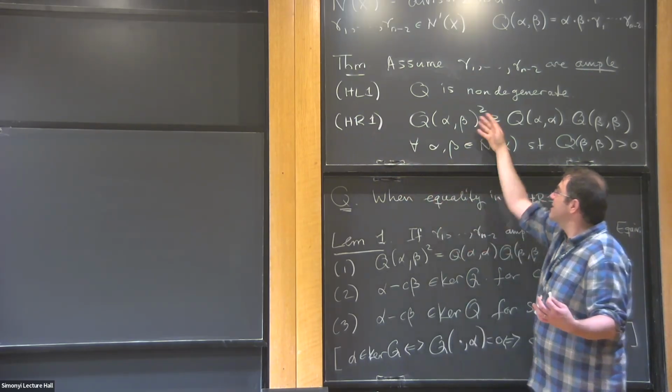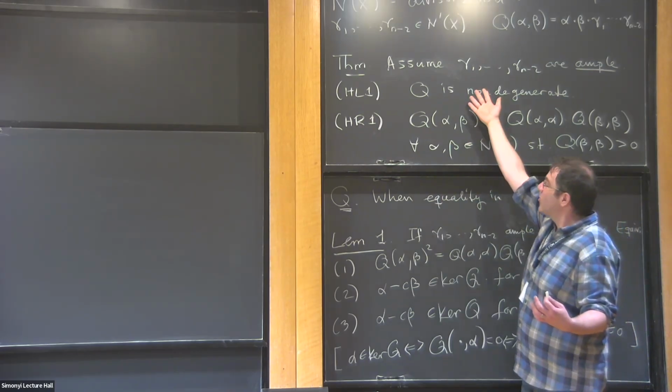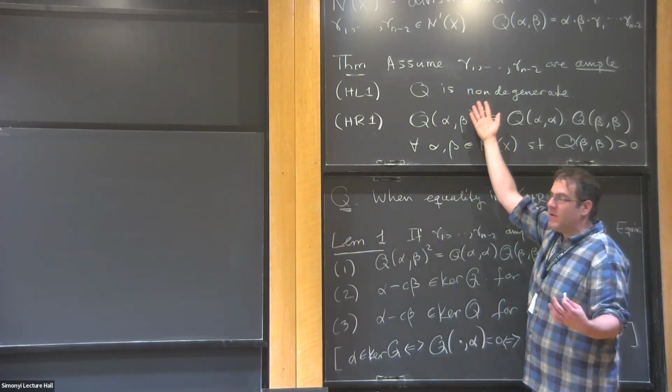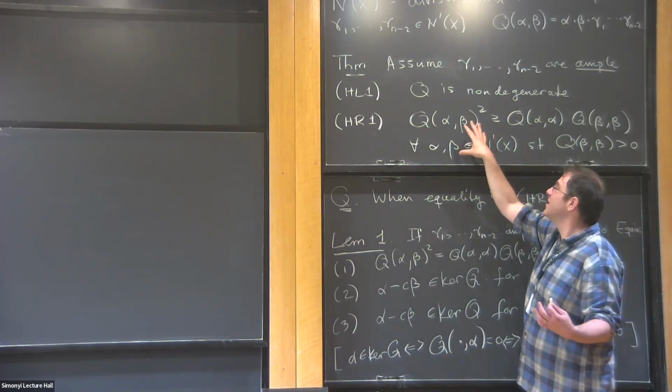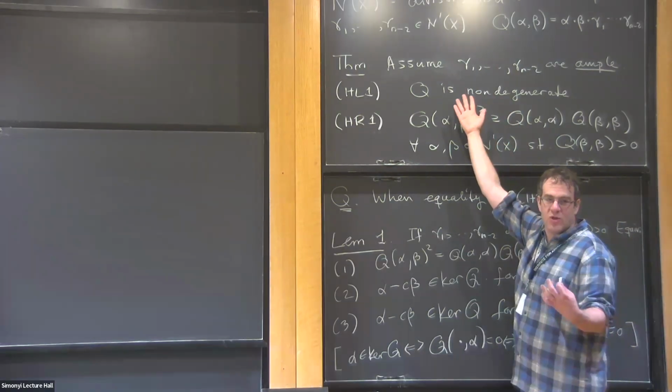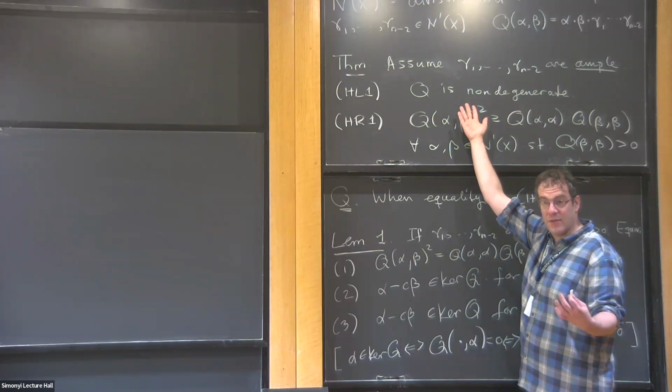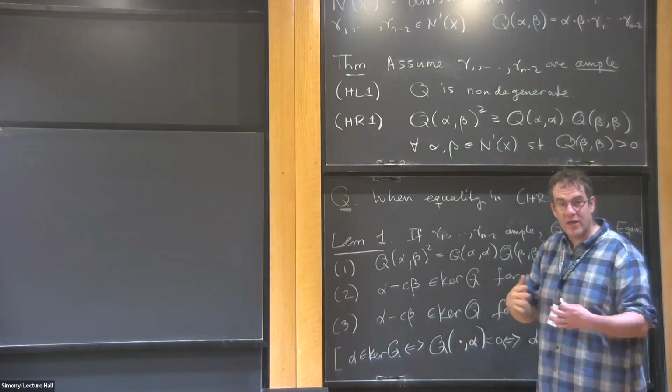So if the inequality isn't even true, of course, you can still ask about understanding the kernel, but we used the inequality everywhere. So it should be much, much harder to understand what happens to the kernels of these elements. So I'm not going to touch on that at all.